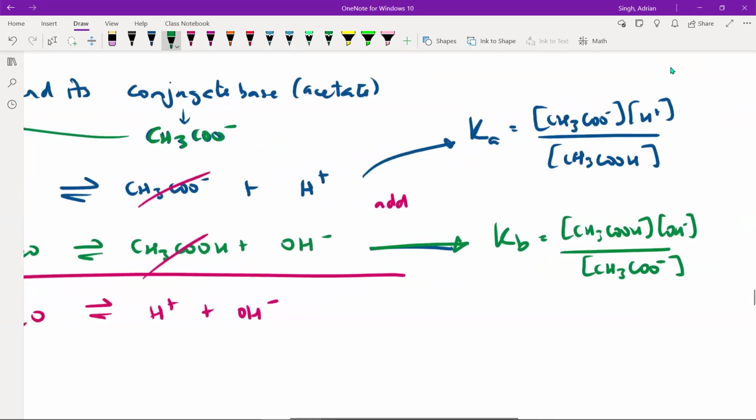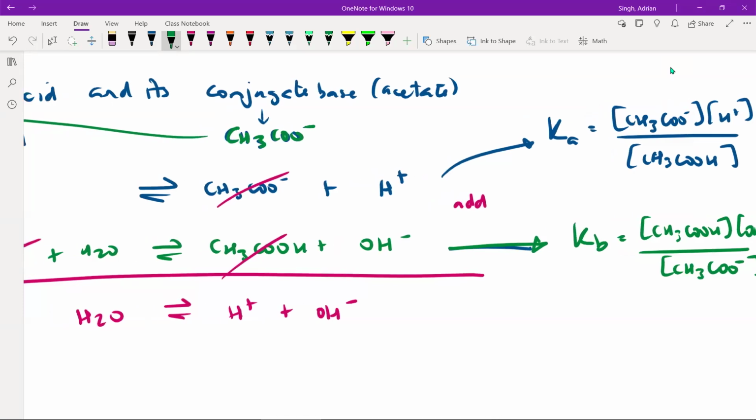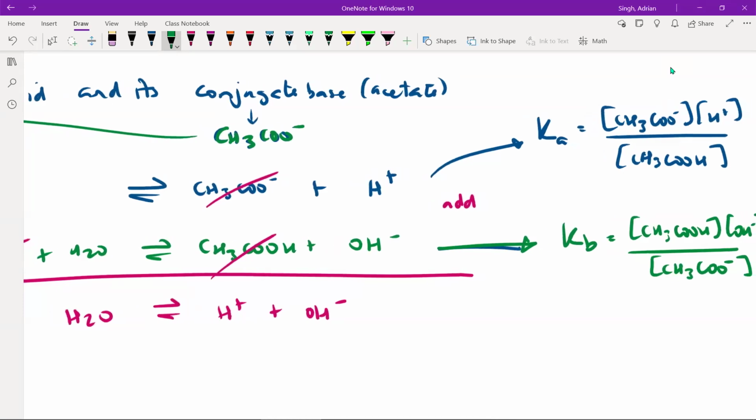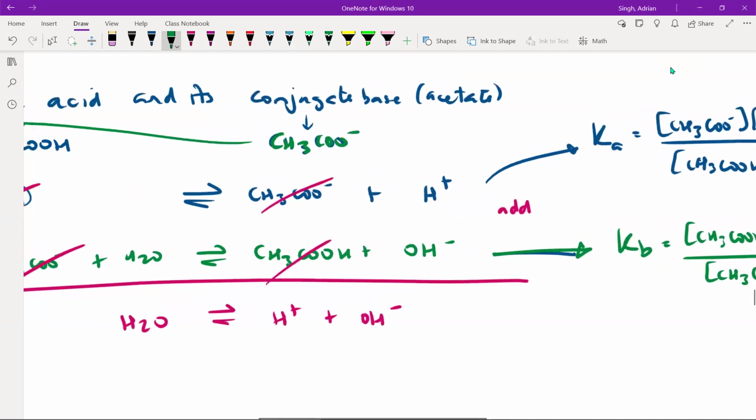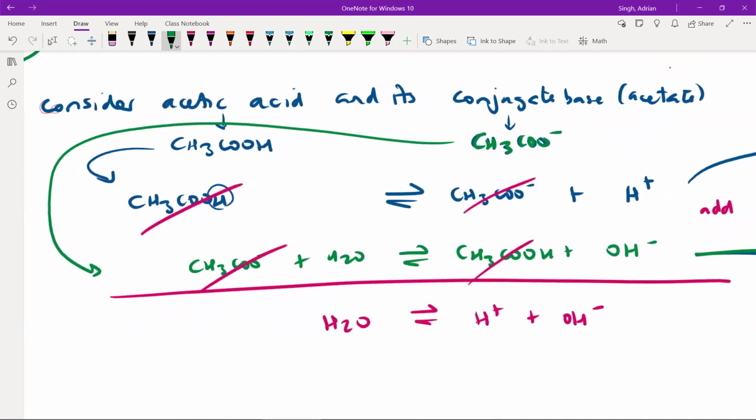So what we can see here now is, if I put in the state symbols so we can track all of these things, this is aq, this is aq, this is aq, and in the base version, this is aq. Water is a liquid, as we know. This is aq, and then hydroxide is aq.